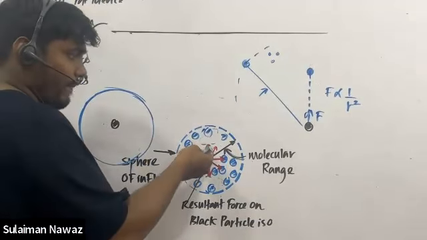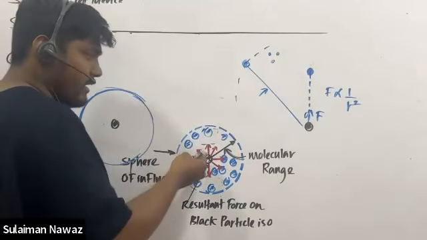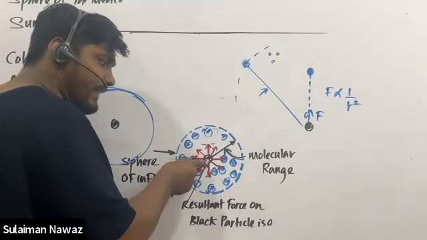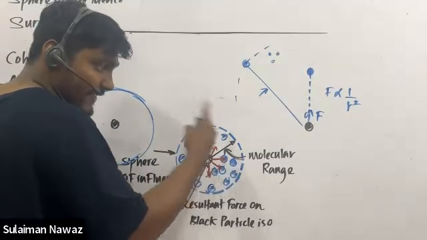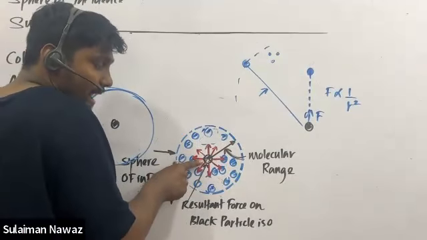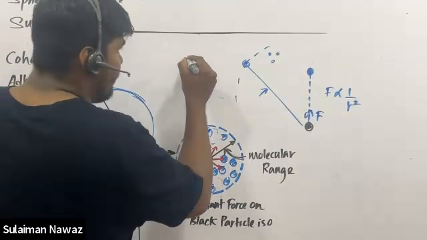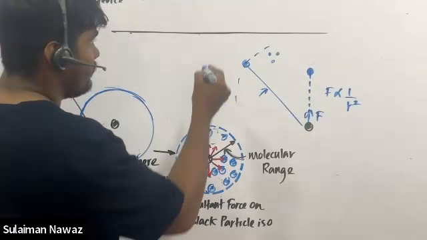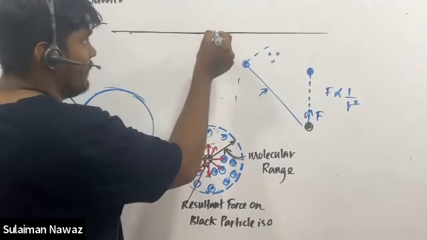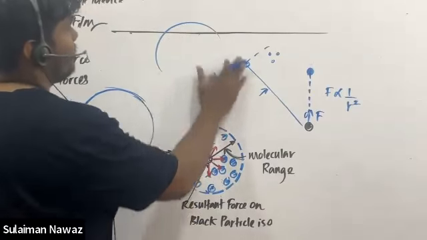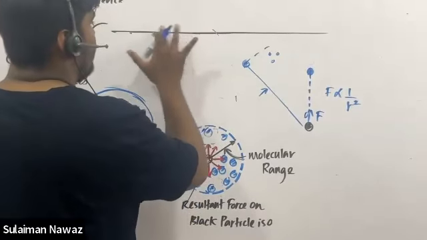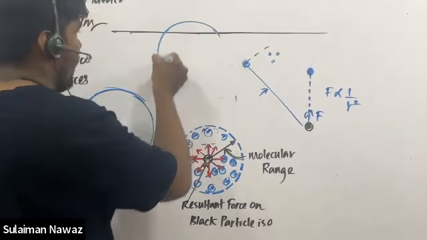Now we know if I consider a particle far from the surface of the liquid, the resultant force acting on this particle is zero, because the sphere of influence is a perfect sphere. But if I consider a particle closer to the surface of the liquid, in that case, it takes time to explain, but you will understand.